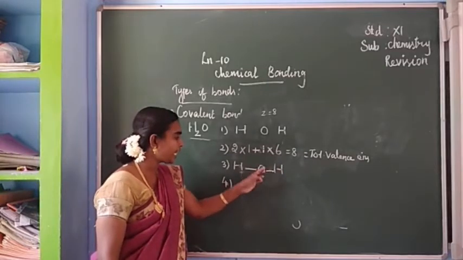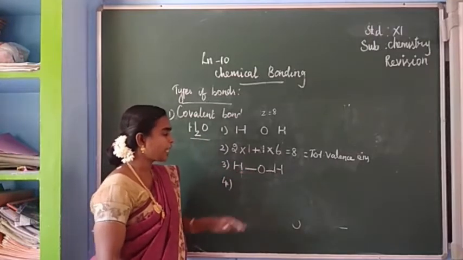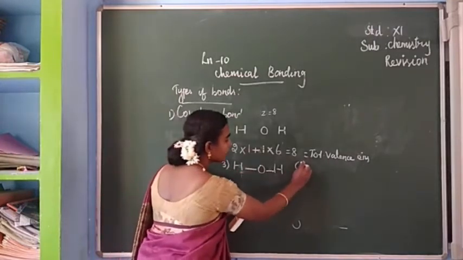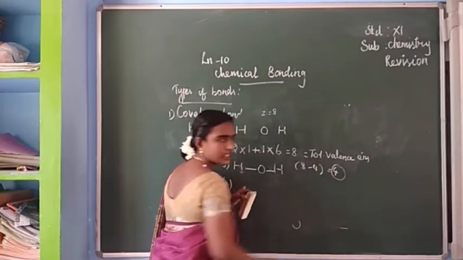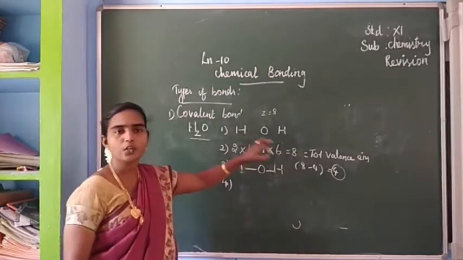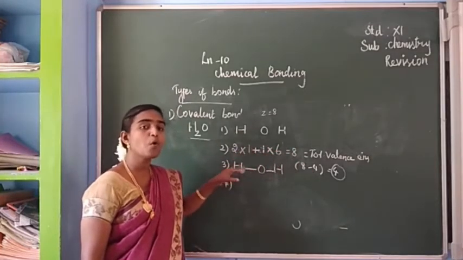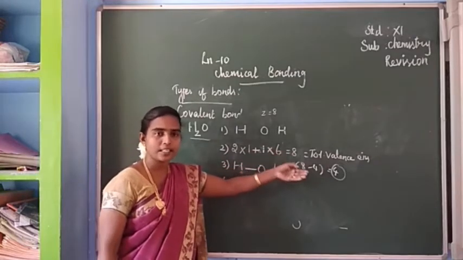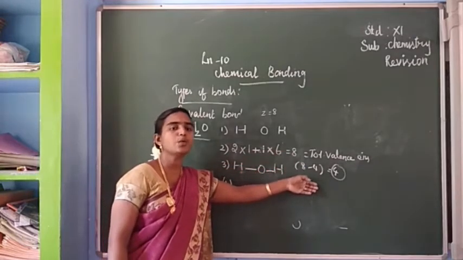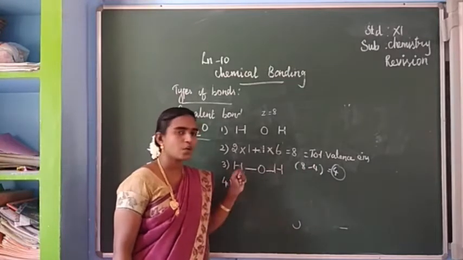Among those 8 electrons, each bond carries 2 electrons. That is 8 minus 4, 4 remain, so we are getting only 4 electrons, isn't it? So these 4 electrons should be given as dots only on the more electronegative atom. Afterwards, if there are any excess electrons, they should be distributed to the next atom. That's the rule, okay?